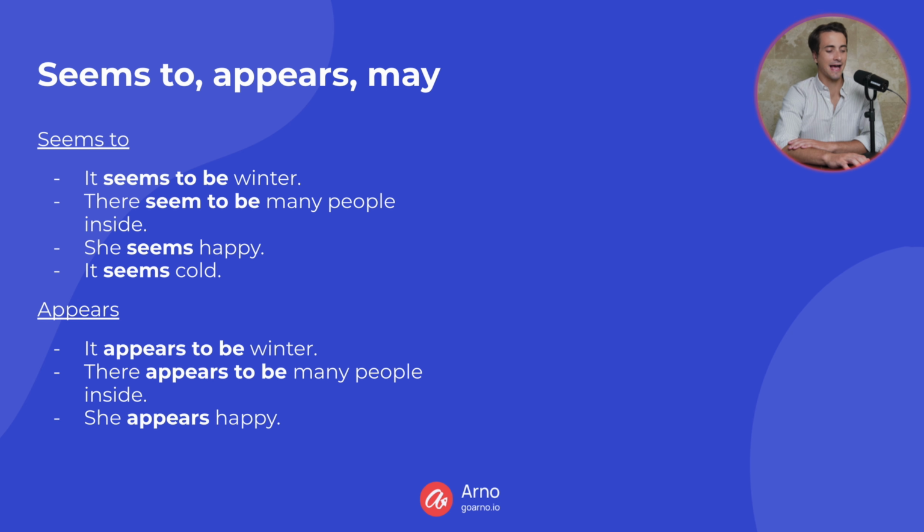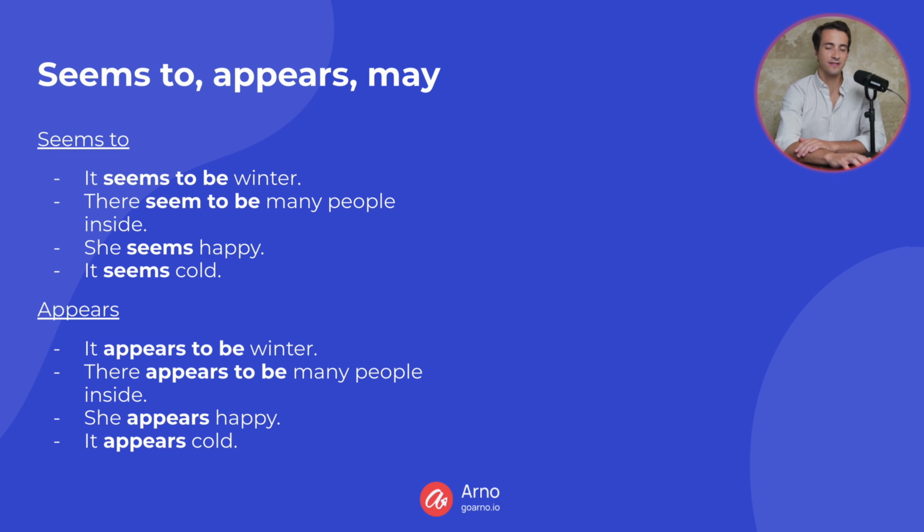She appears happy. It appears cold. So, seems to and appears, they have very similar grammar, almost the same. So that's why all of these sentences you can safely replace seem or seems with appears or appear. So for the purposes of picture description, you can really think of these 2 as direct synonyms.